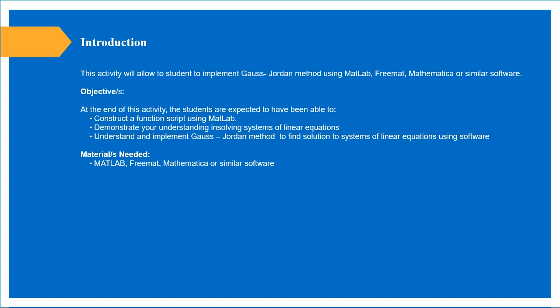The objective is to construct a function script using MatLab, demonstrate our understanding involving systems of linear equations, and implement the Gauss Jordan method to find solutions to systems of linear equations using software. Materials that will be needed would be MatLab, Freemat, Mathematica, or similar software.